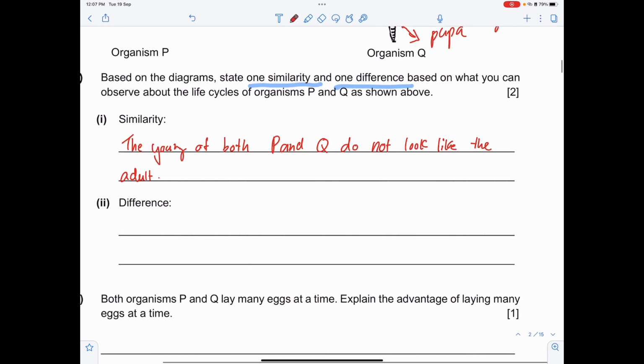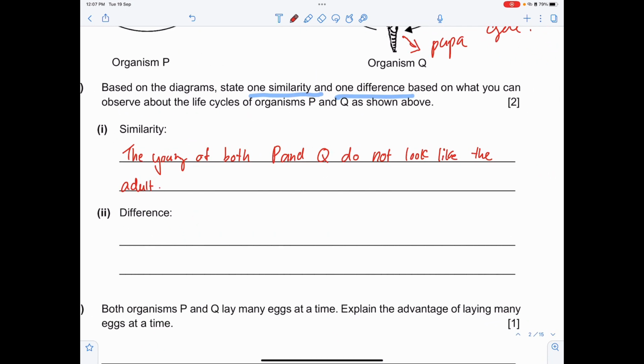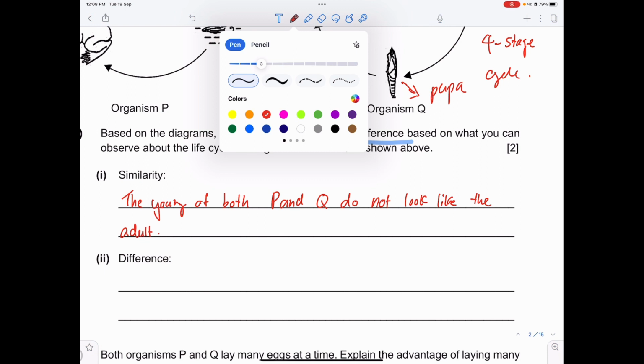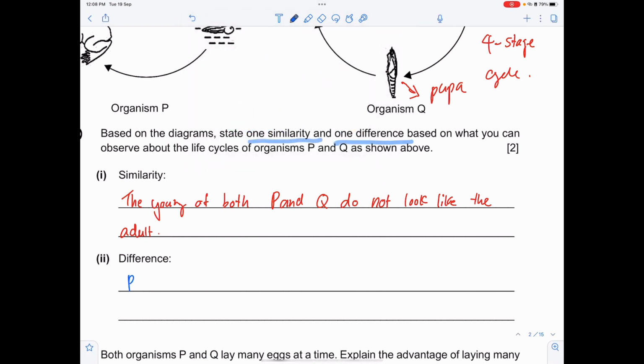Now, the difference would be that the life stages are different. So whenever you talk about difference, you need to use comparison words such as but, however, contrasting words. So for this one, you would say that P has a 3-stage life cycle, while Q has a 4-stage life cycle.